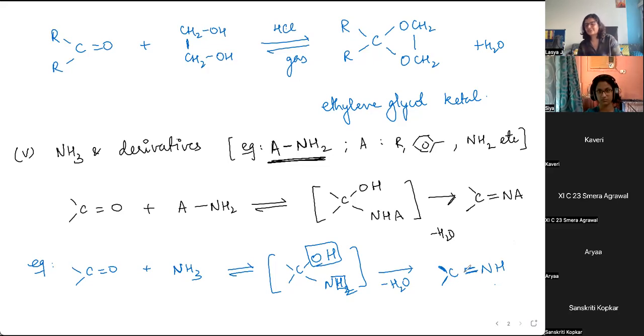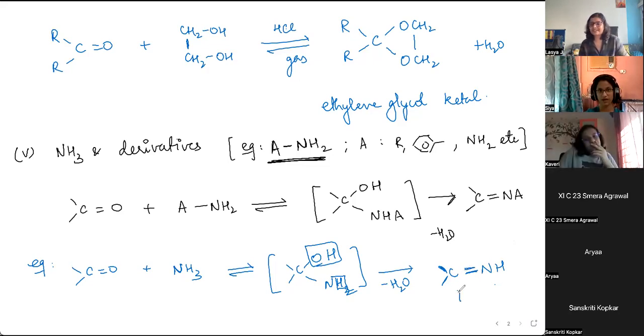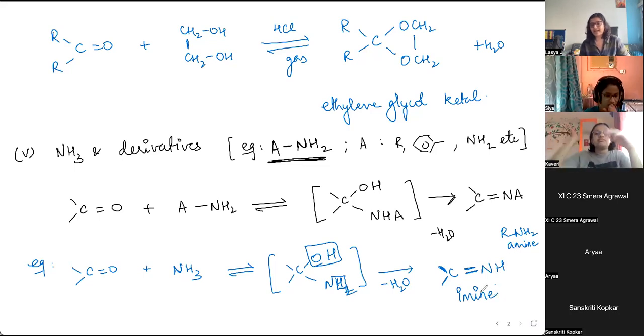Carbamine? No, imine. Imine, yeah. So if all of them are single bonds, like RNH2, this is an amine. And if you have a double bond, it becomes imine. Like alkanes, alkenes, amines, imines. That way.